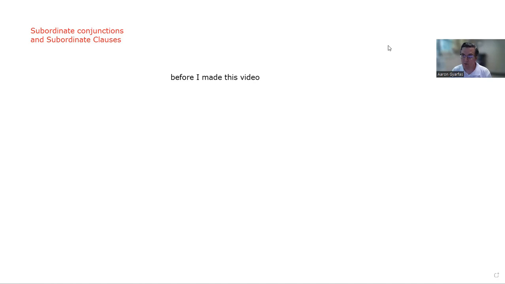So here, before is not a preposition, we will label it as a subordinate conjunction. Very important that we differentiate from our conjunctions and, but, or, the FANBOYS, if you learned FANBOYS, those are coordinate conjunctions. That's different, okay? This is a subordinate conjunction followed by the first person pronoun I, verb made.